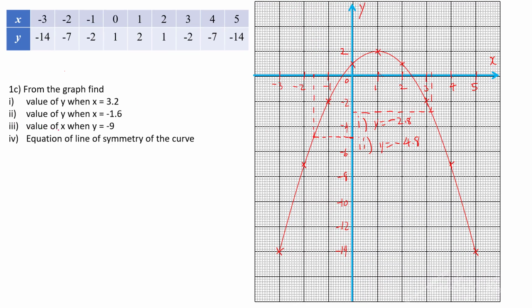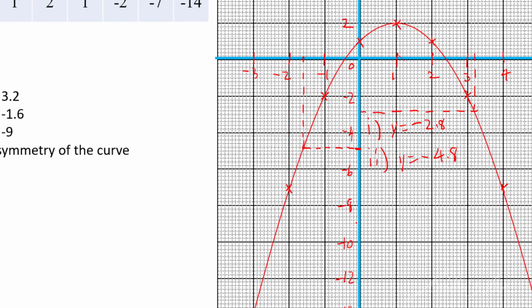Part 3. Find the value of x when y is equals to negative 9. So when y is equals to negative 9, it is down here. So what you should do is draw a dotted line to the left. And draw a dotted line to the right.